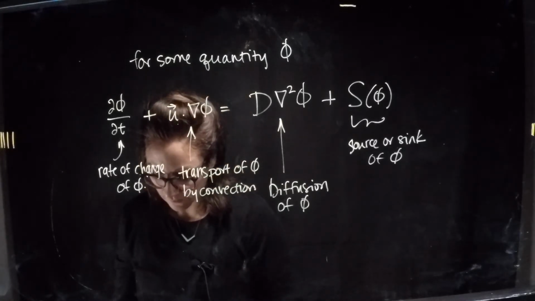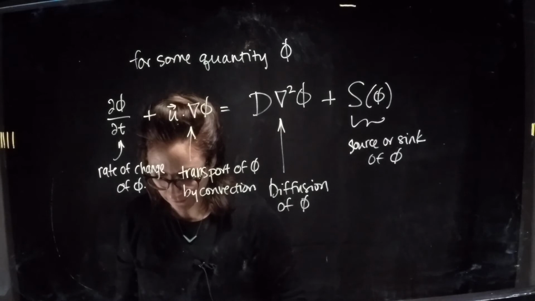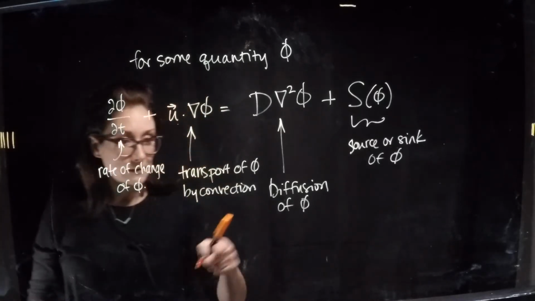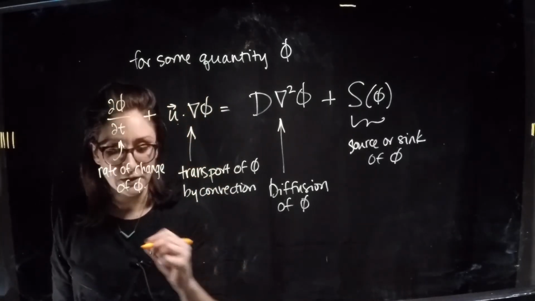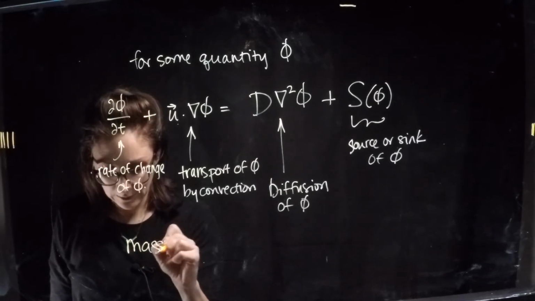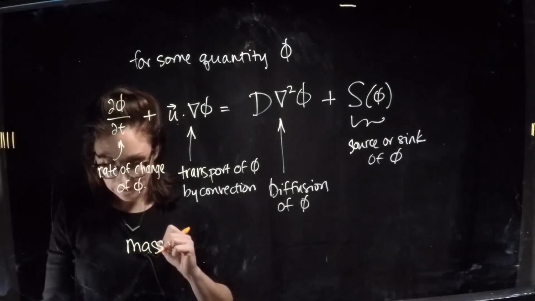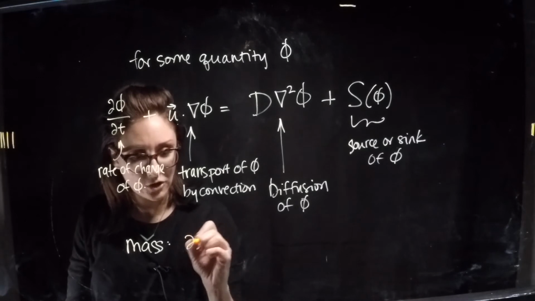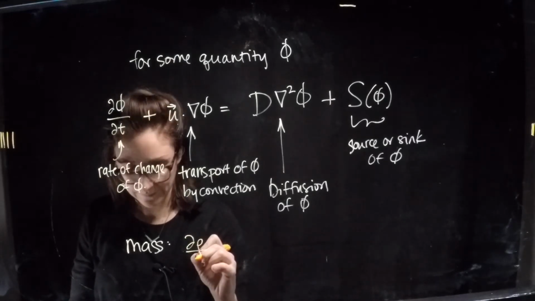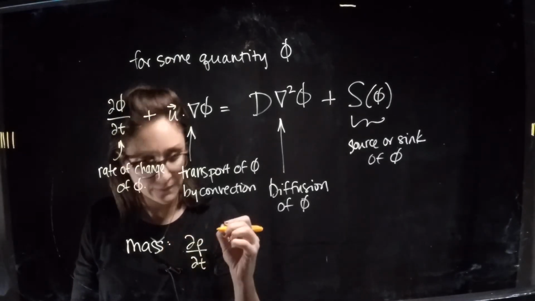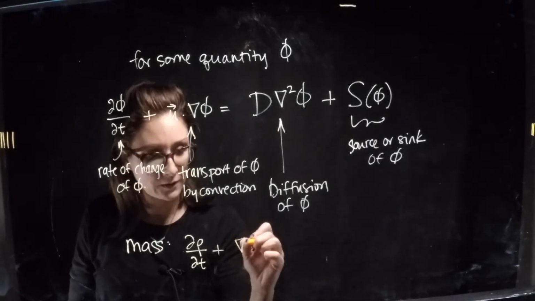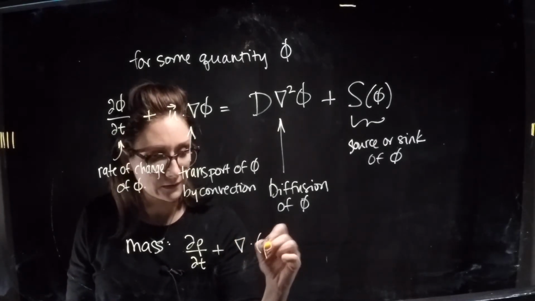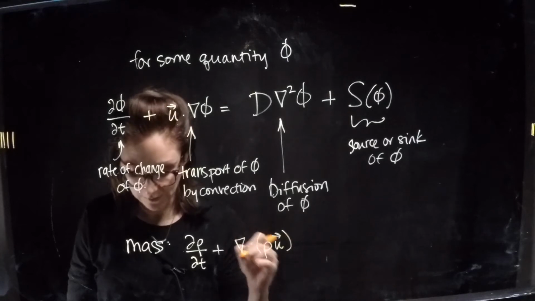All right, so let's start with mass. This one's a little one, so I'm just going to write it right down here. So if we have mass, we know that our change in the density over time is equal to the divergence of rho times u.